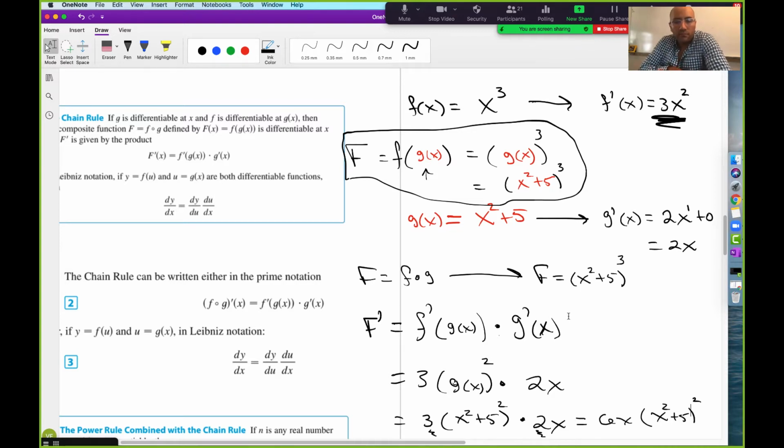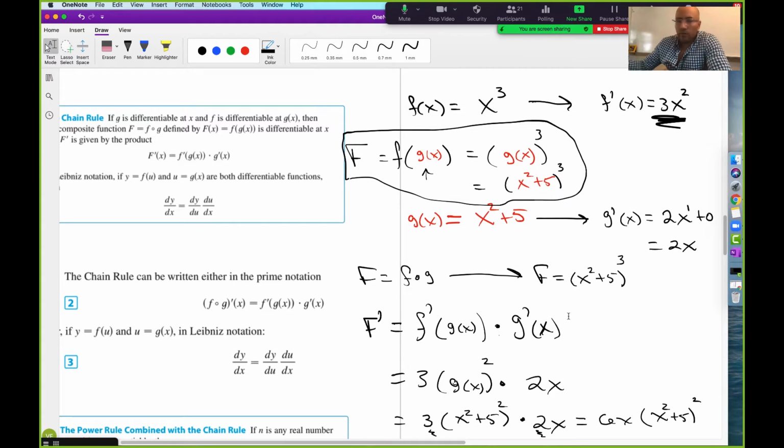Because I tend to bring down the x next to the 3 instead of replacing it with the g of x. So I've been doing that frequently. What I'm trying to say is instead of replacing the x with the g of x function, I'm bringing it down, which is creating an error.